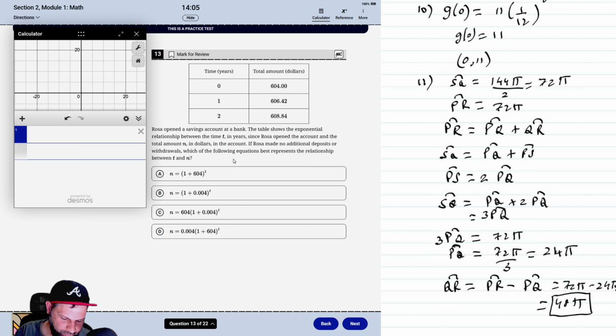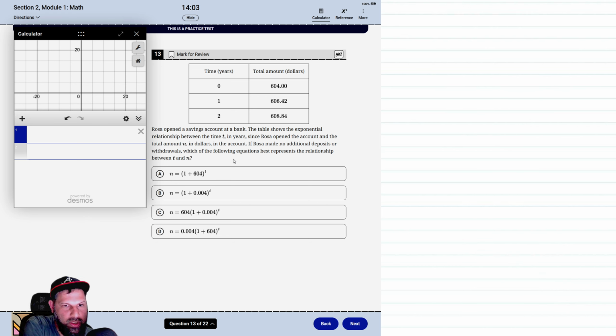Okay, so as mentioned, it's an exponential equation. It's going to be an exponential growth equation. So generally, the exponential growth equation here is going to be given by n equals principal times 1 plus the rate to the power t, okay?